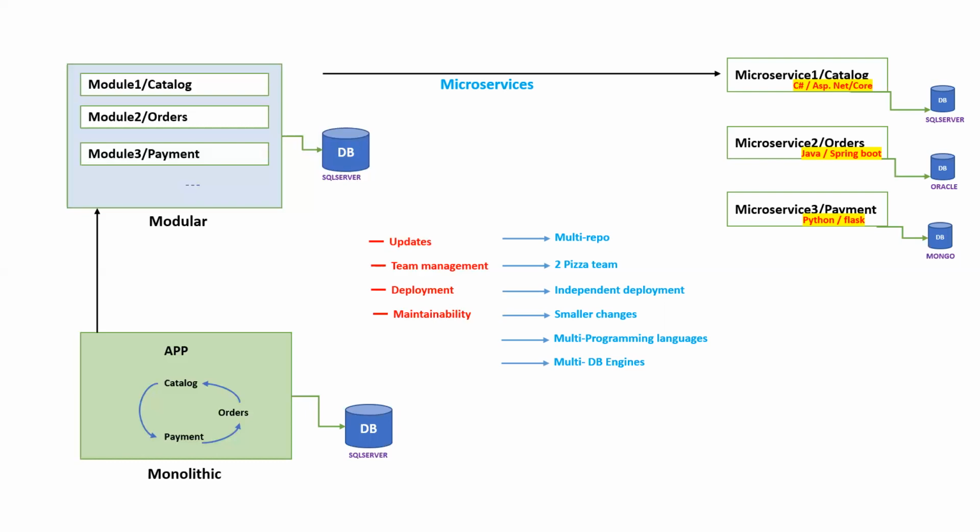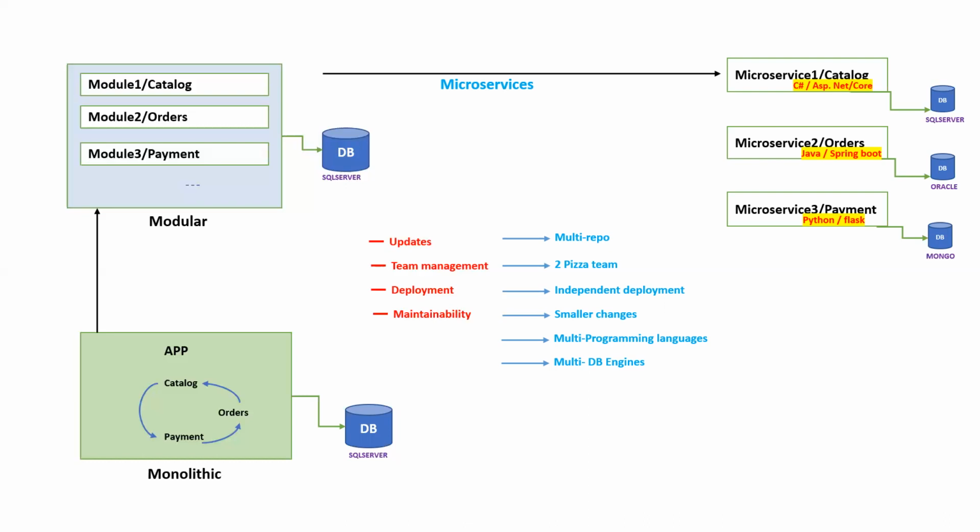Like that, I can choose different programming languages and different DB engines. That's how it scales my application and covers all the problems impacting modular and monolithic architecture in managing large-scale software development.